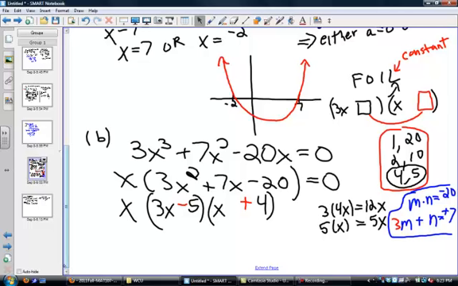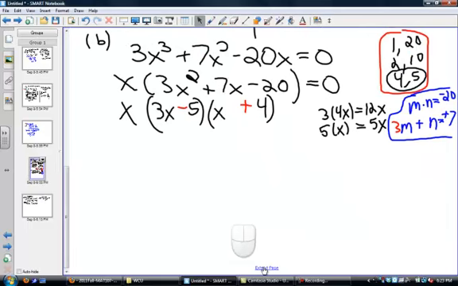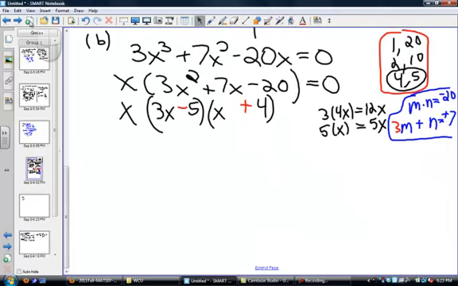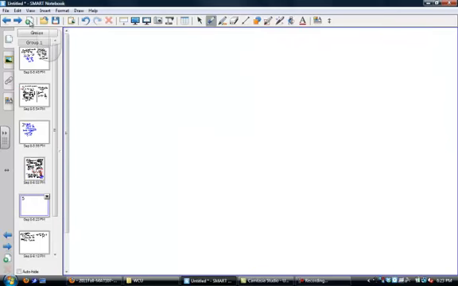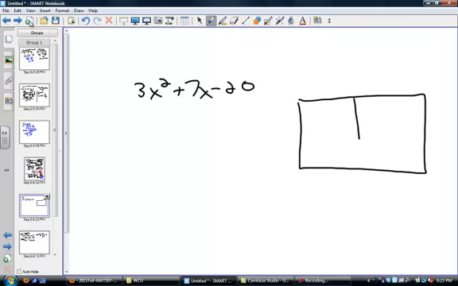If you did the factor square, would you multiply with the negative term? Yes. So take it aside. 3 times negative 20. Multiply them together.